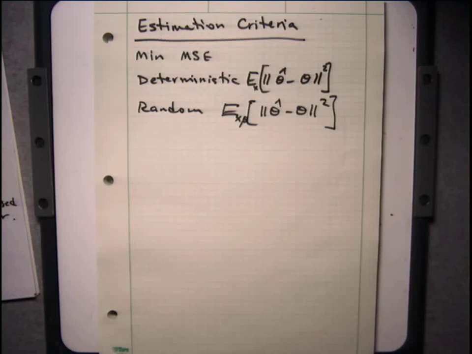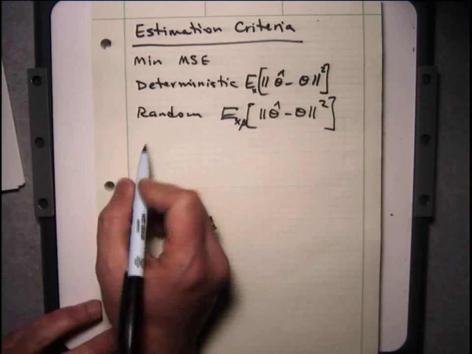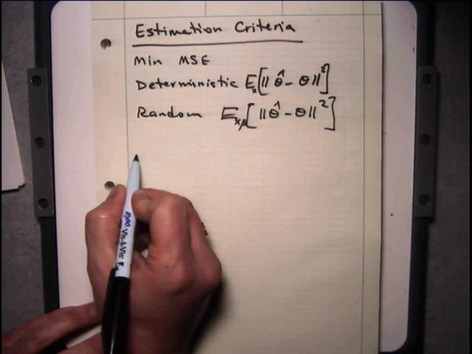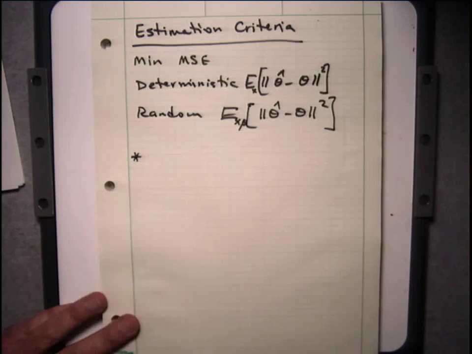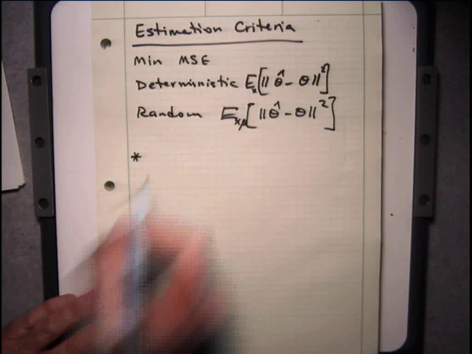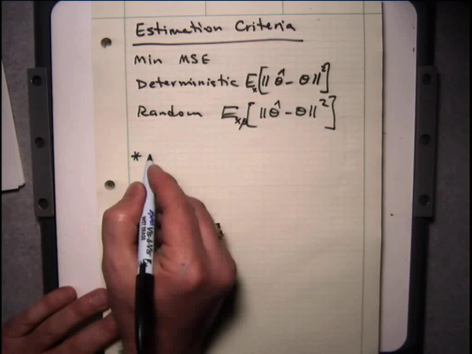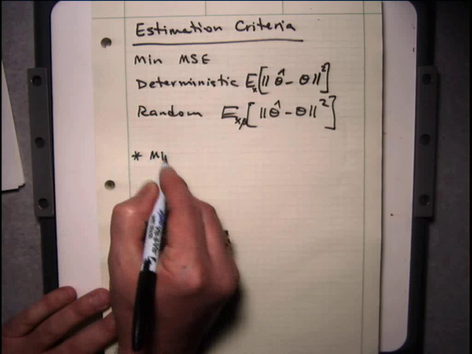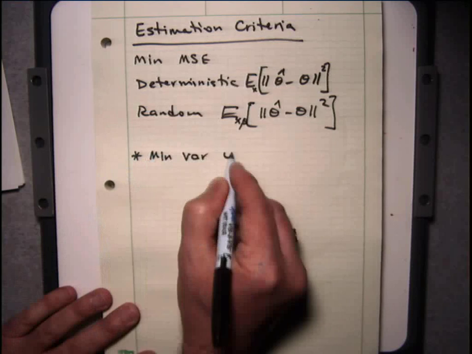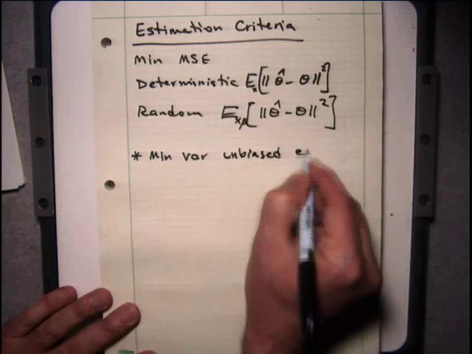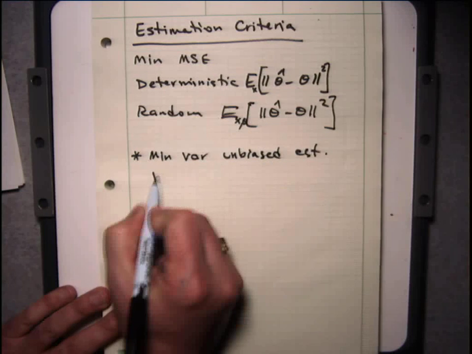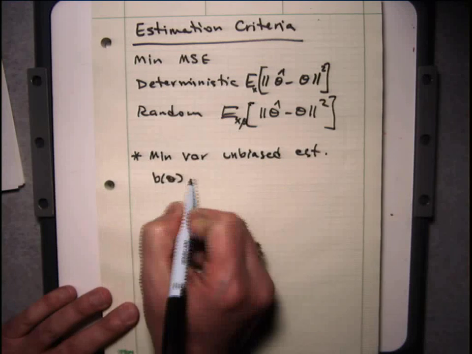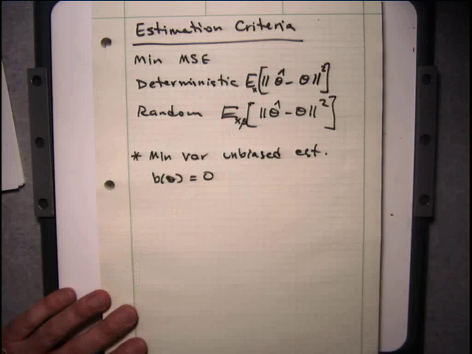Okay, so going back to the deterministic case, we realized that minimum mean squared error was not always possible to do, and so we made some compromises, and one of them was to come up with minimum variance unbiased estimators, and that was the case where you come up with estimators, all of which satisfy this constraint.